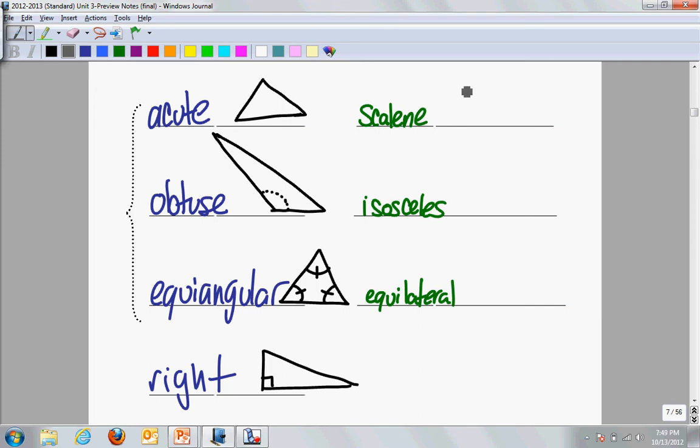Scalene: no sides are equal, so we're going to have distinctive hatch marks. Notice the hatch marks do not match. None are equal. Isosceles has two equal sides. And the point hinged on the two equal sides is called a vertex.